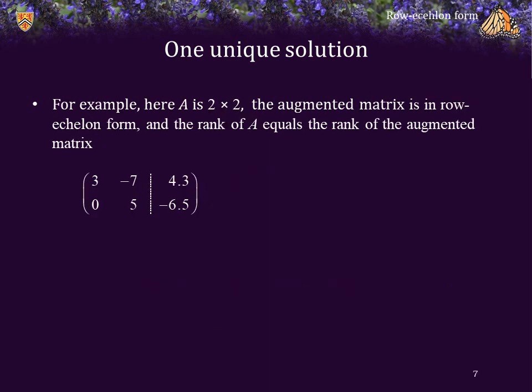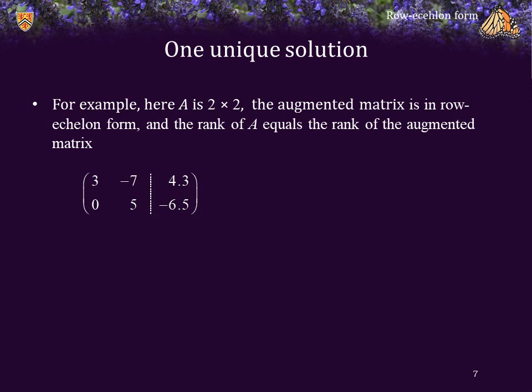For example, here we have a system of two linear equations in two unknowns, and the matrix A is 2 by 2. The augmented matrix is in row echelon form, and the rank of A equals the rank of the augmented matrix. As we can see, the matrix A is upper triangular with no zeros on the diagonal.